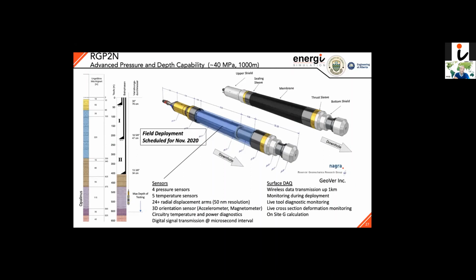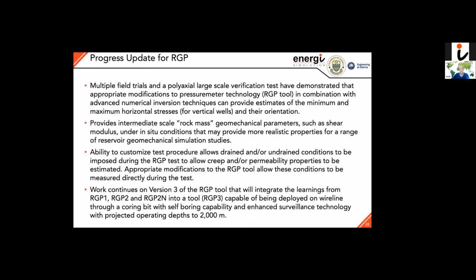We've really increased the number of radial displacement arms and resolution, down to 50 nanometers. Accelerometers, magnetometers for orientation, digital signal transmission again, and some really exciting stuff on the surface to operate the test. There are things like hold tests and unload-reloads that help you manage measurements around creep, pore pressure measurements, and other things like that.